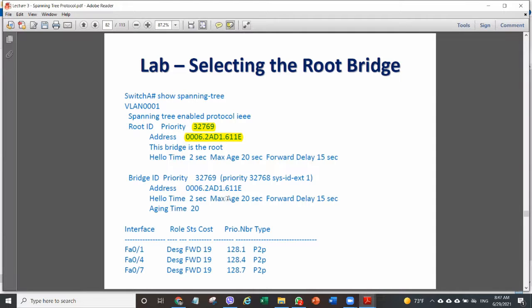Hello time 2 seconds, maximum age 20 seconds, forward delay 15 seconds. So there are some specific information. How we recognize whether this one is root or not.